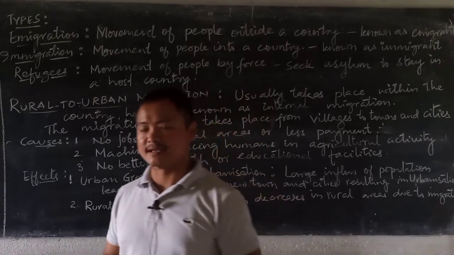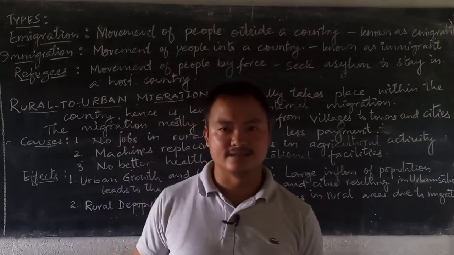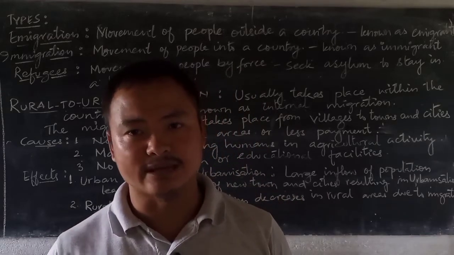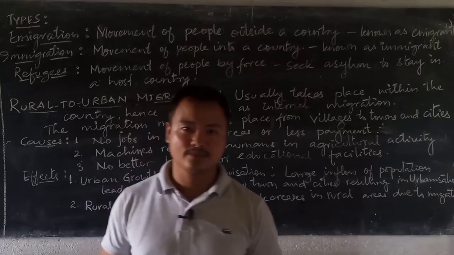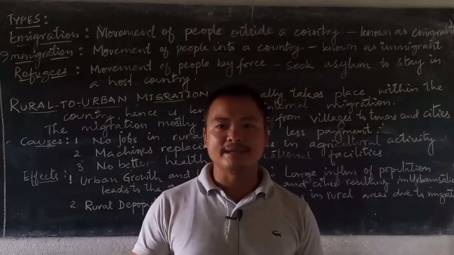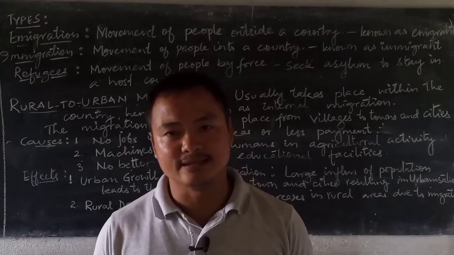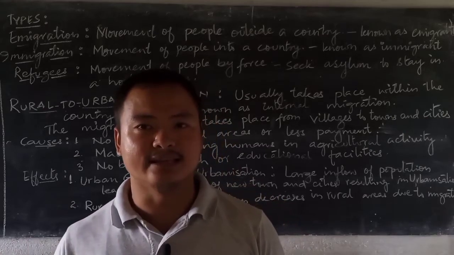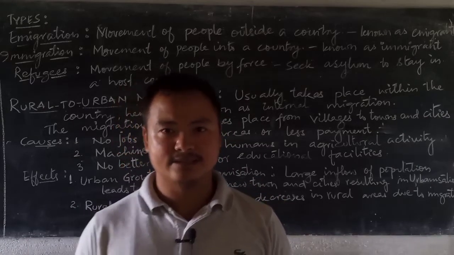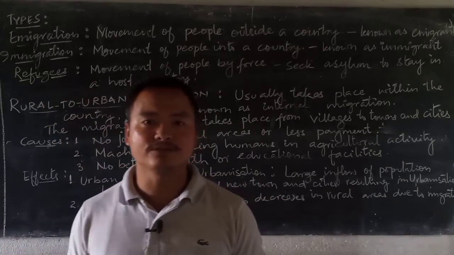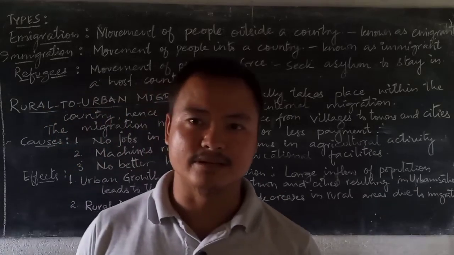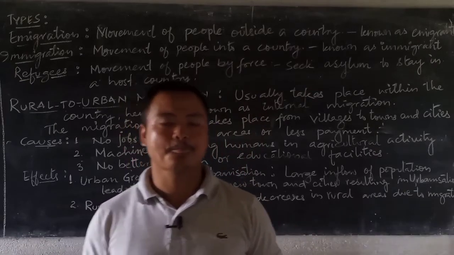Let us take an example of two countries, India and the United States, that is USA. If you move from India to USA, you become an emigrant for India, but for USA you become an immigrant because you are moving into USA and moving out of India. So this is immigration and emigration.